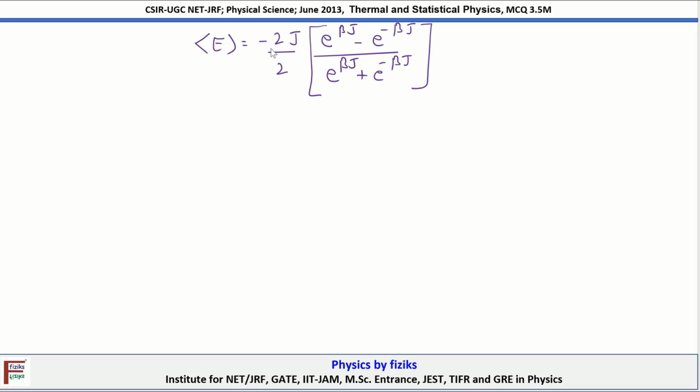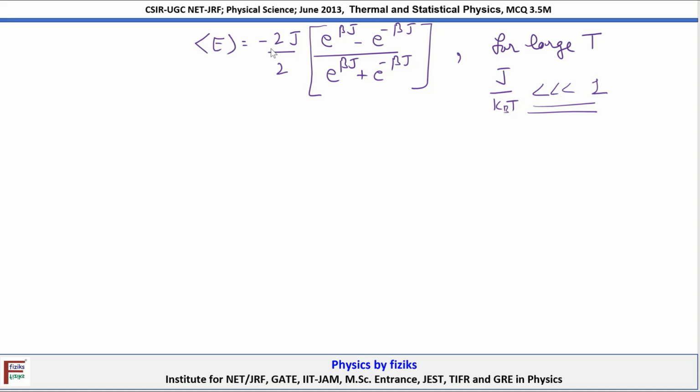Okay, now in this expression we will apply the condition that for large temperature T, the value of J upon kT is going to be much smaller than unity. Under this approximation we are going to expand the exponential term by retaining only the first two terms in the expansion, because the higher order terms are going to be even smaller than these two terms.